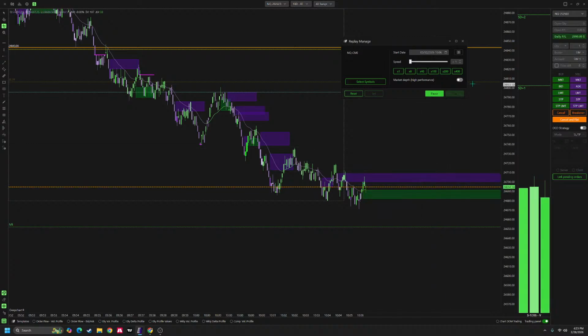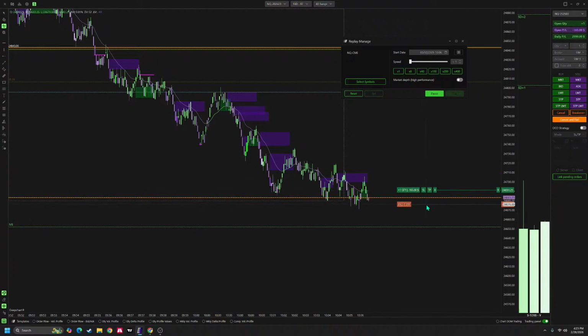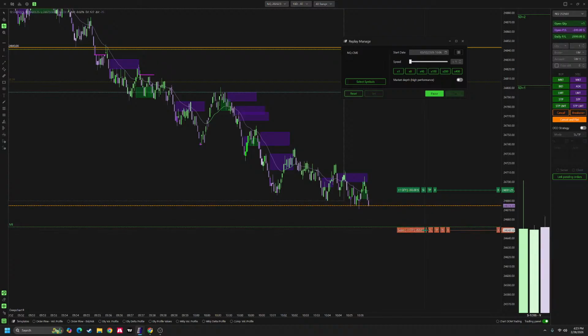All right, so that's what I like to see right there. We're going to market smash in. Put our stop loss behind the initial. We'll go take 5.